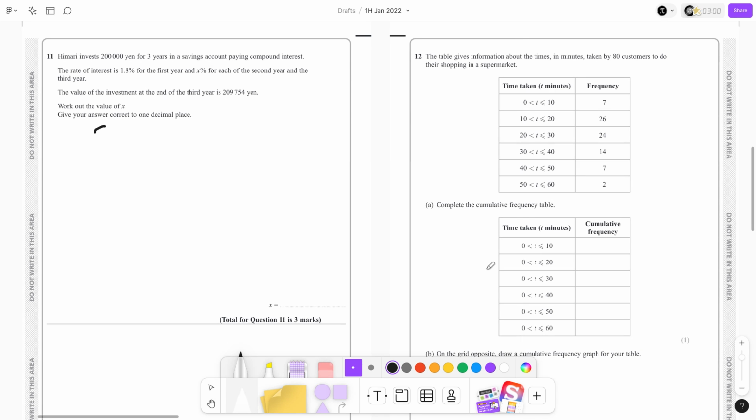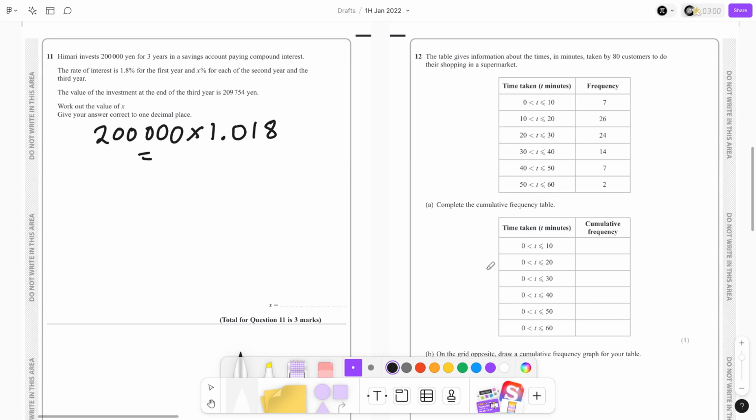well, we can do the first year, 200,000. I'm going to do it in a slightly shorthand way. It helps with what we're going to do next. If we want to increase by 1.8%, then we've got the 100% and we add on 1.8%. So we times by 1.0, that's the 100%, plus 0.018, that's the 1.8%.